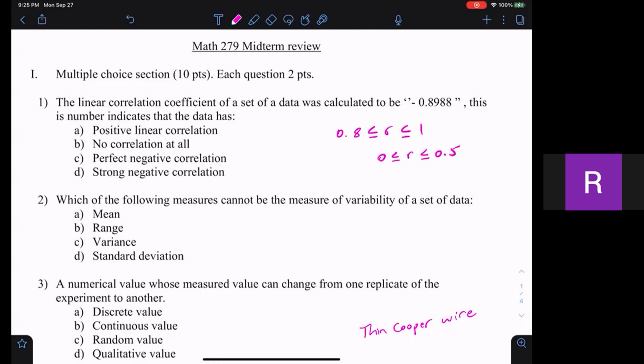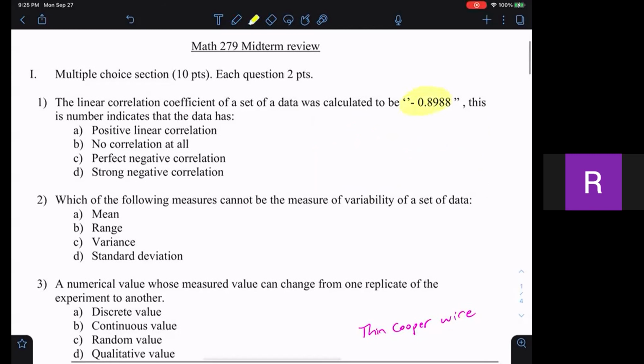This applies also for negative values. So therefore, this correlation coefficient indicates a strong negative correlation. So the answer in this case will be strong negative correlation. Okay, that's the answer for that problem.